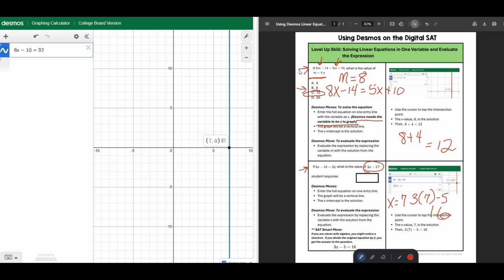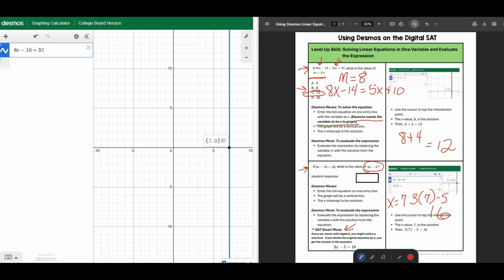However, if you look down here, I've provided what's called a Desmos Smart Move. If you are pretty good with algebra, or you can see common numbers or common factors within each number in the equation, sometimes you're able to simply divide the original equation.